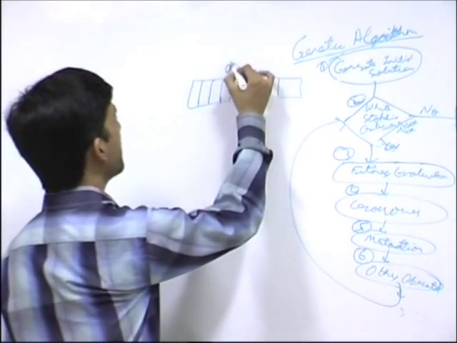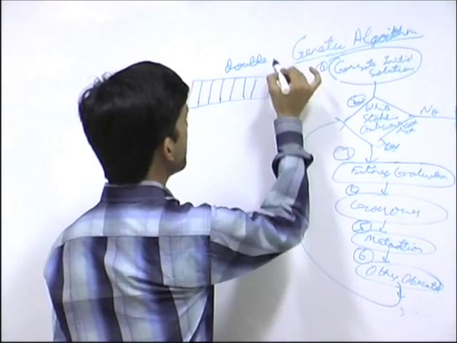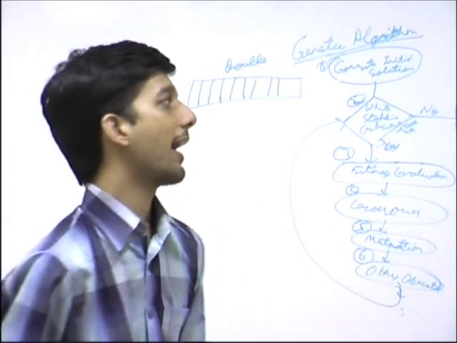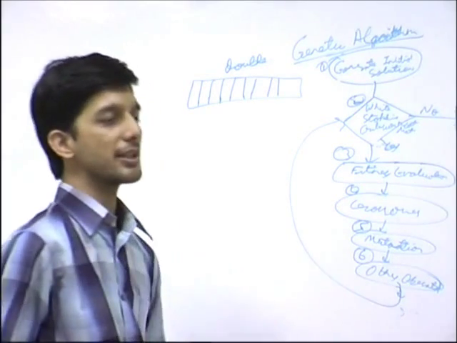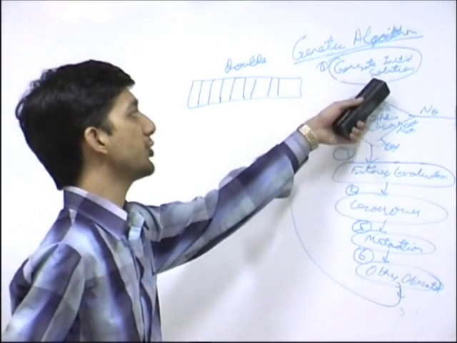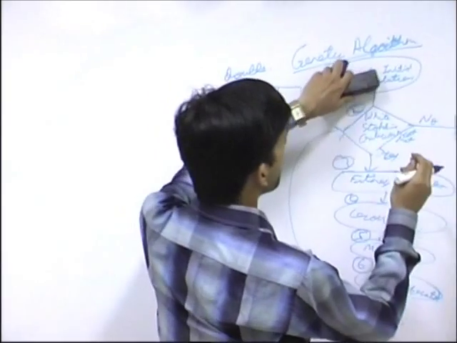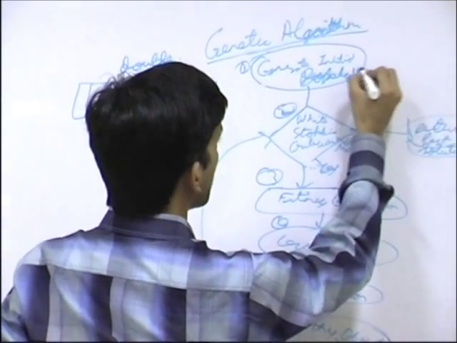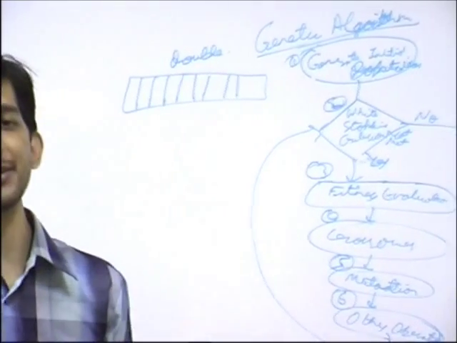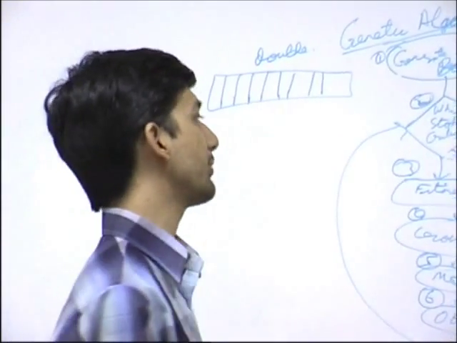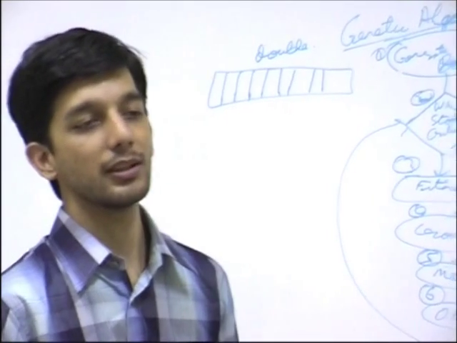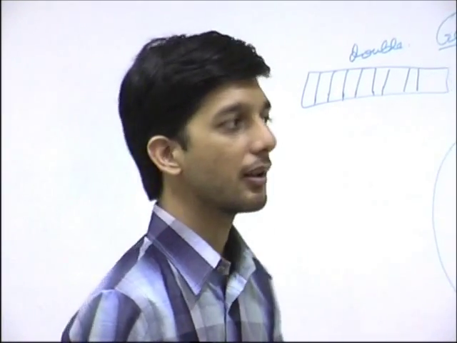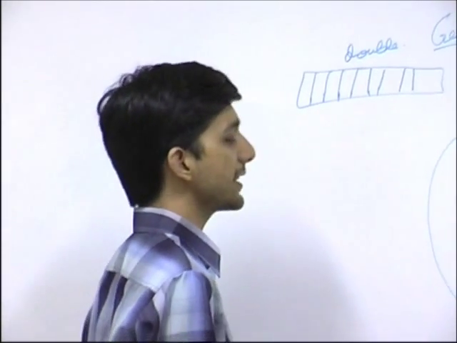So if it's a double vector representation, all I have to do is, in my generation of the initial population, no, it's not generation of the initial solution, it's generation of the initial population. All I have to do here is generate a random population pool. I have to generate an all-random population pool.